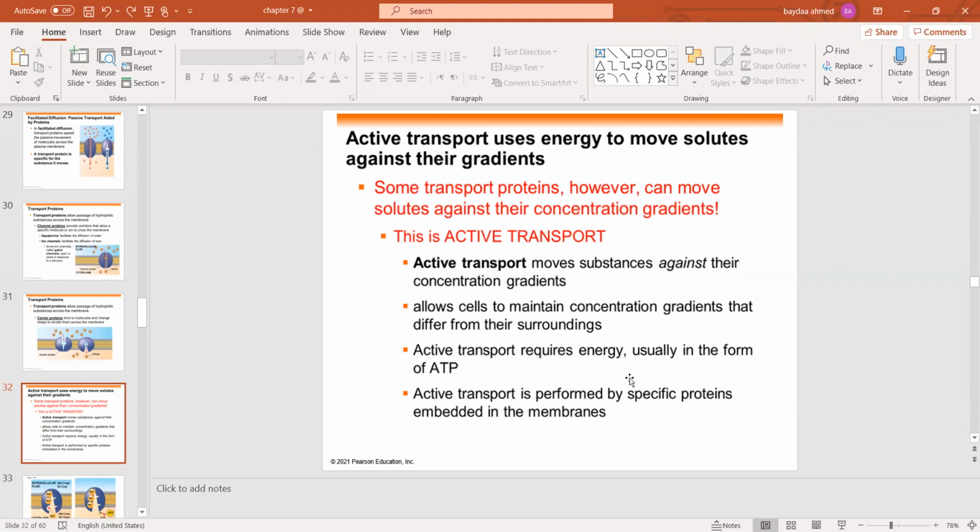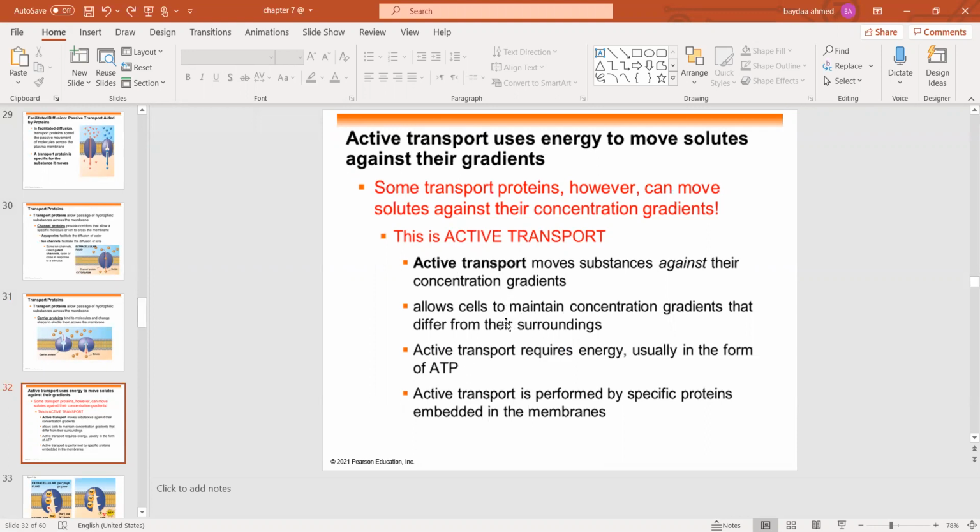Some other transport proteins can use energy to move solutes against their concentration gradients across the plasma membrane, from the side where they are less concentrated to the side where they are more concentrated. To pump a solute across a membrane against its gradient requires work. The cell must expend energy. Therefore, this type of membrane traffic is called active transport.